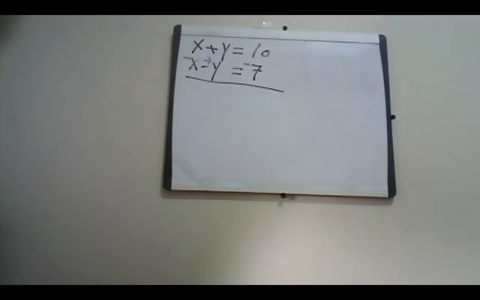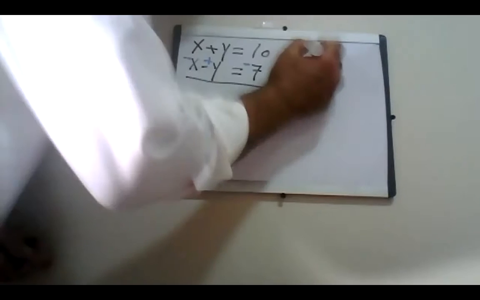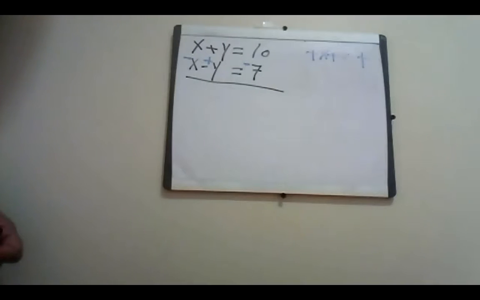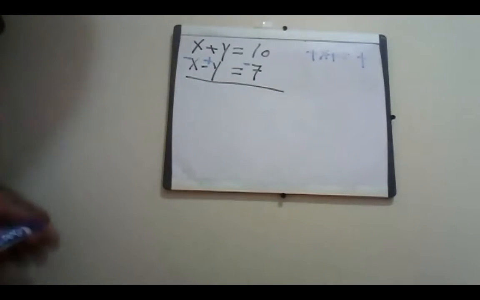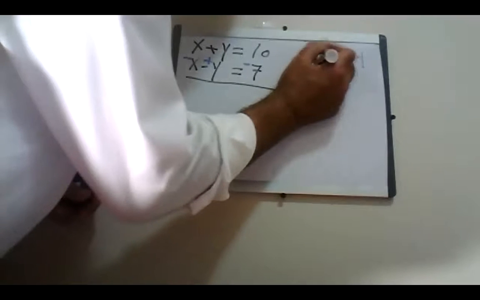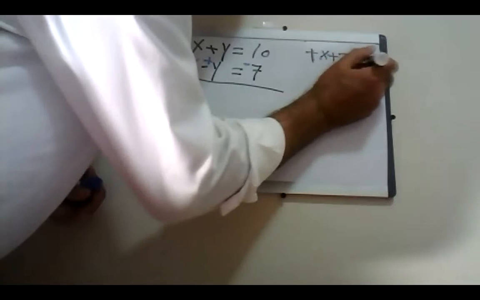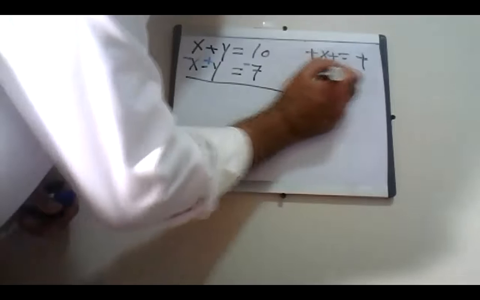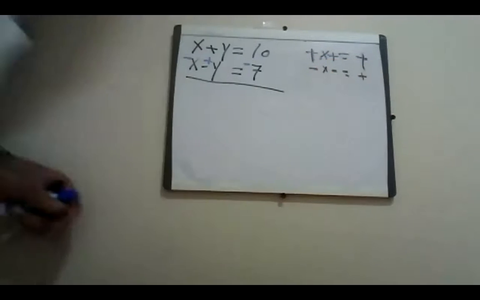Because we have rules for multiplying: the similars are always positive. So plus by plus will give me positive. Also, minus by minus will give me positive.